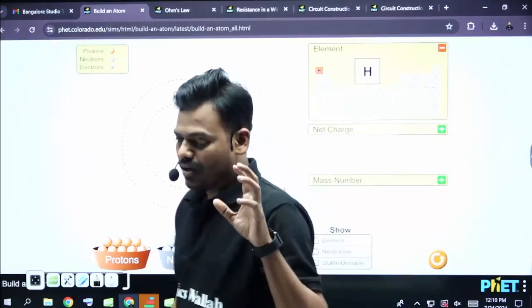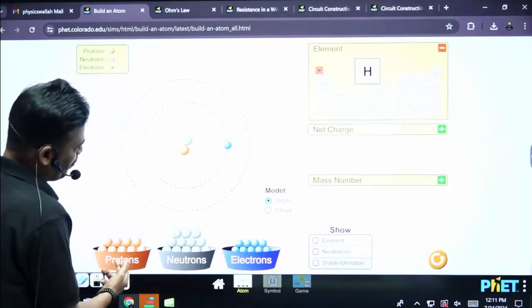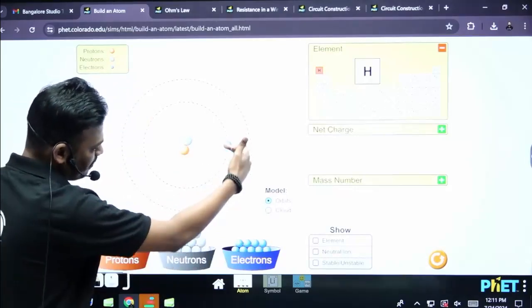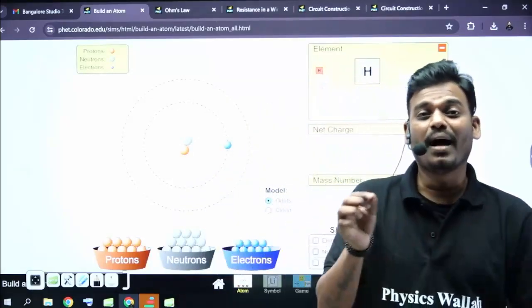In an atom, there are three particles: one is a proton, the next neutron, and the next electron. These are subatomic particles.